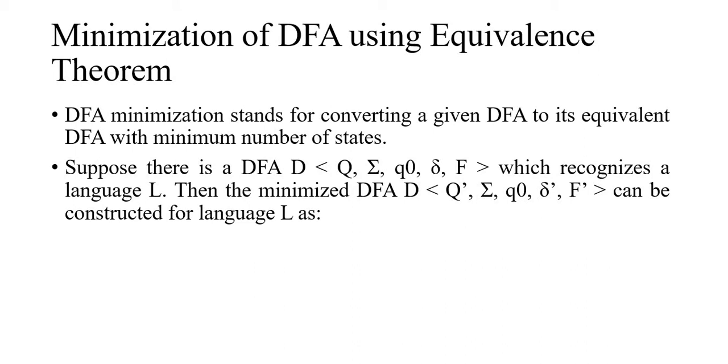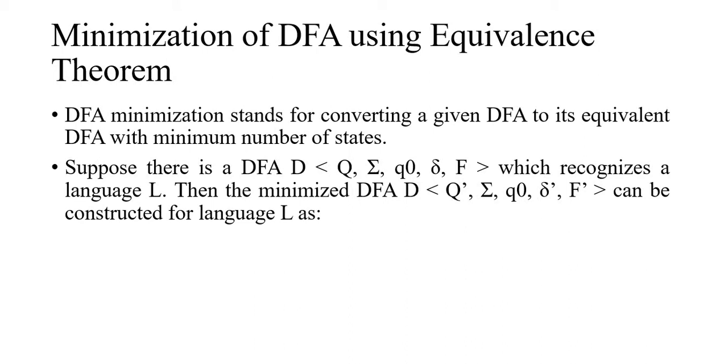All those non-final states which transit to themselves for all input symbols in your sigma are called dead states. And what is an inaccessible state? All those states which can never be reached from the initial state are called inaccessible states.